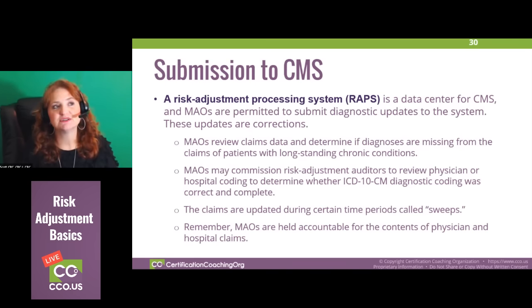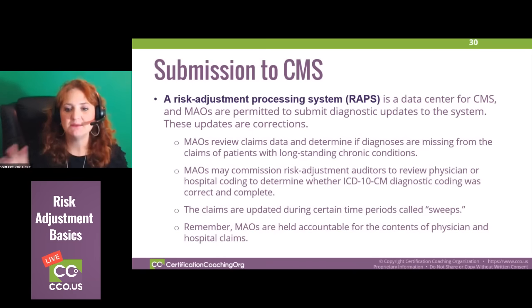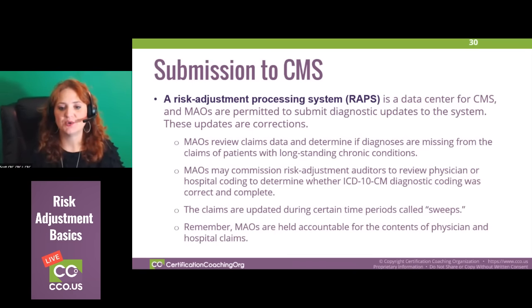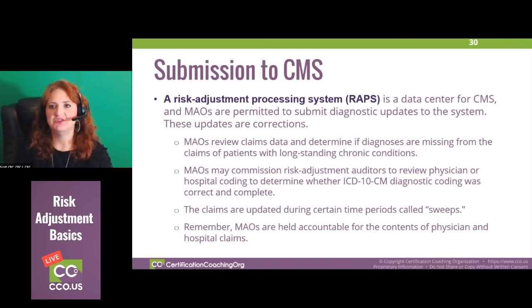Risk adjustment coders could work in spurts. There's 3 main pulls in a year, and so they try to get contracts all finished up. You can work year-round as a risk adjustment coder, but depending on who your employer is and how many contracts they have, you may or may not.